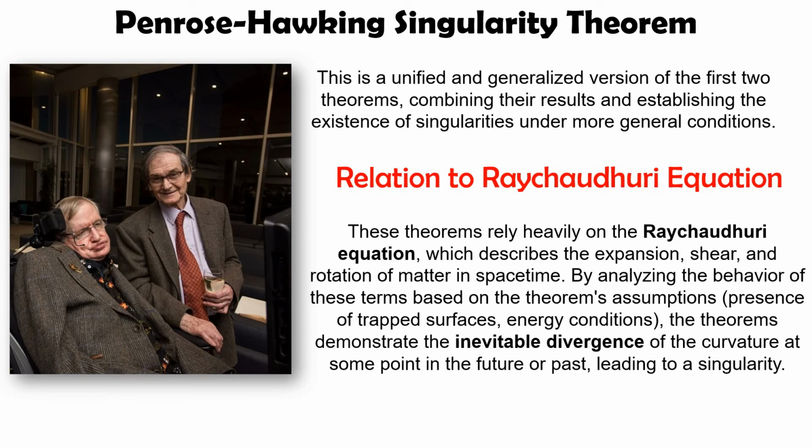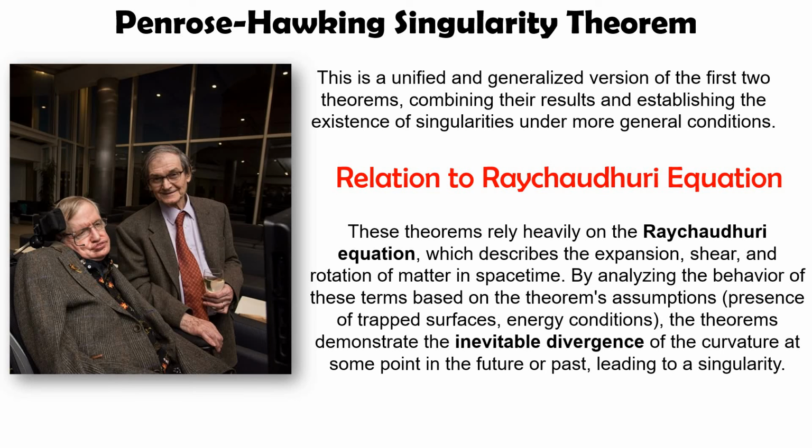Number 1, expansion, number 2, shear, and rotation of matter in space-time. So what the Penrose-Hawking theorem proved, by analyzing the behavior of these terms based on the theorem's assumptions, is that the theorems demonstrate the inevitable divergence of the curvatures at some point in the past, leading to a singularity.